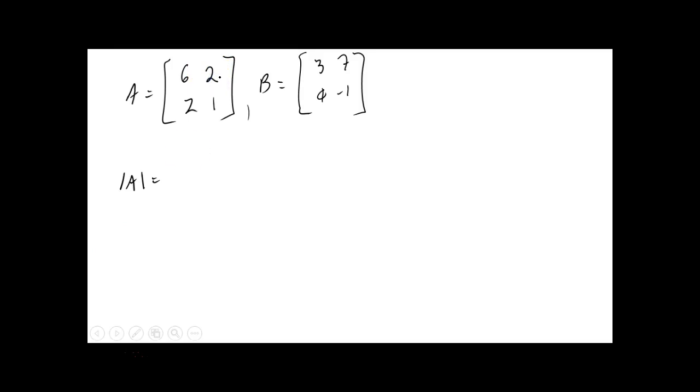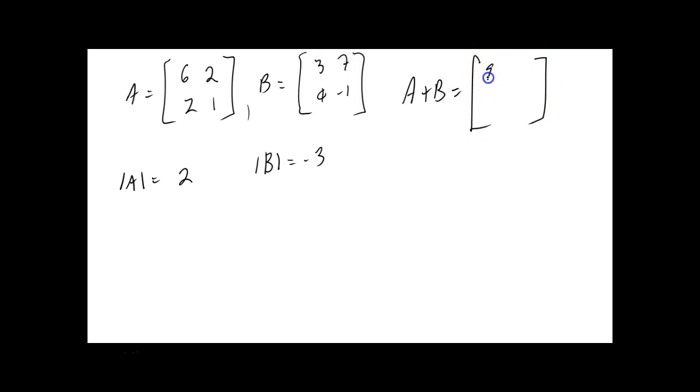Okay, so what's this determinant? 2. B is going to be negative 3. All right. Now, let's do A plus B. That's pretty easy to do too. Number one, you can do it because they're the same size.